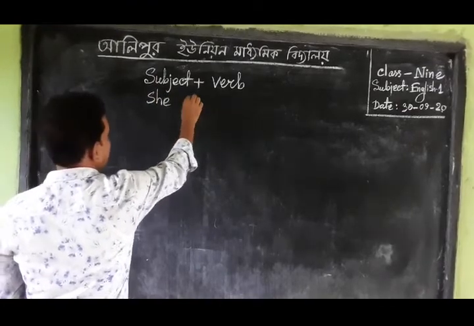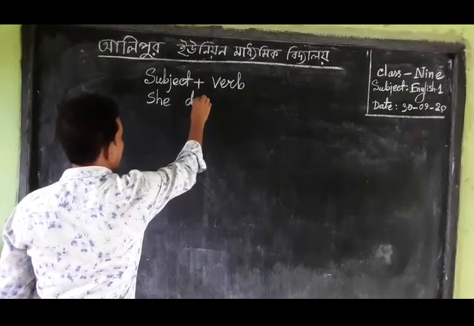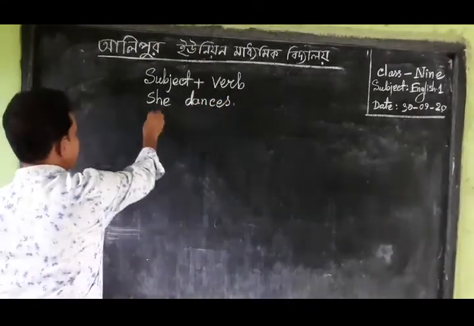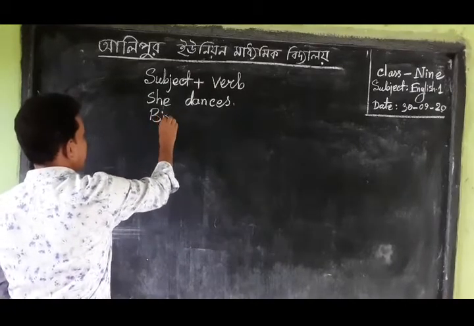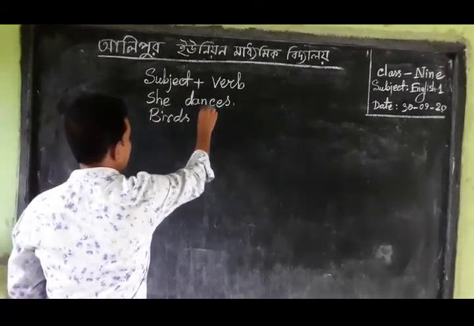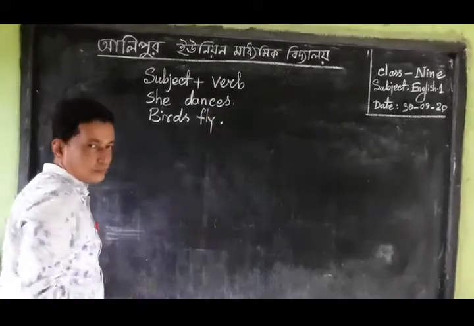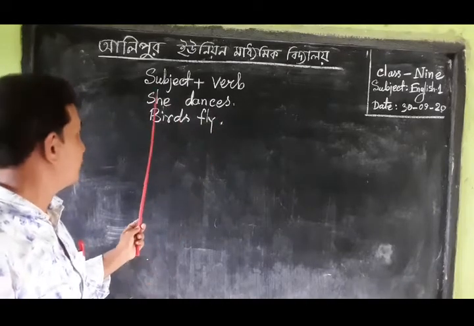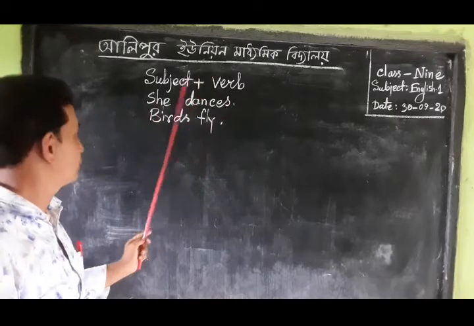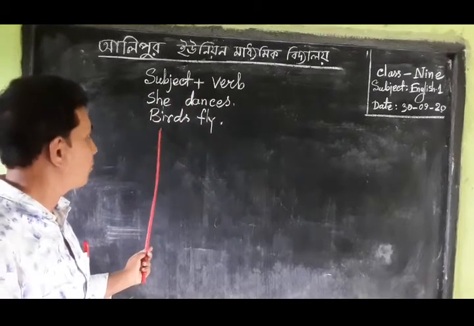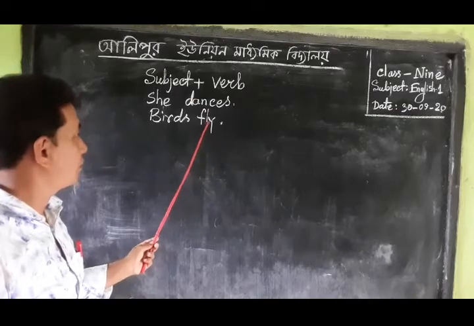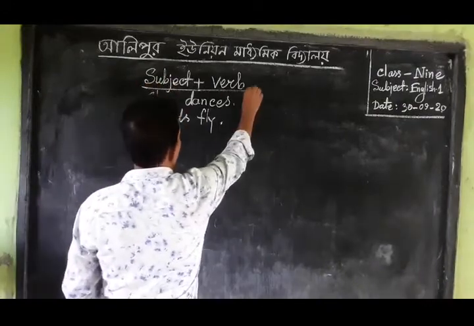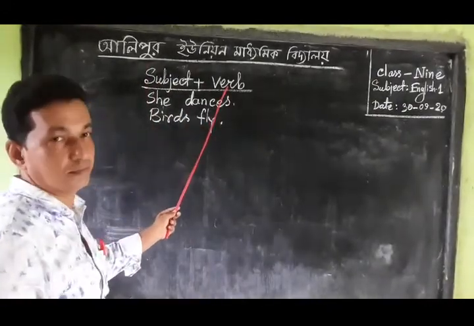I am giving an example: She dances. Birds fly. Here 'she' is the subject and 'dances' is the verb. And in the second sentence, 'birds' is the subject and 'fly' is the verb. So the element of the sentence is subject plus verb.